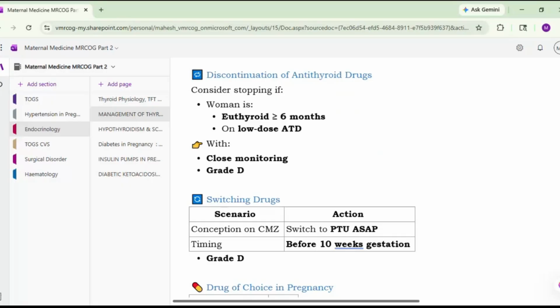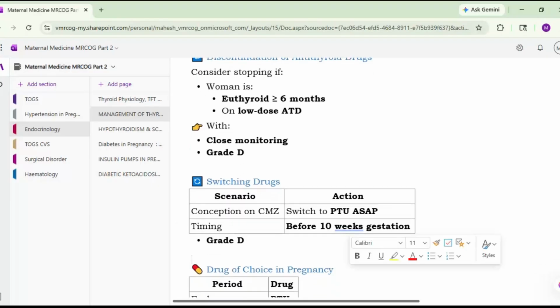Okay, but monitor closely. Otherwise, what you are going to do? If she is not fitting these criteria, that euthyroid for more than 6 months and low dose of antithyroid, then she will require the antithyroid drug. But if she has conceived on carbimazole, then we will switch to propylthiouracil as early as possible and before 10 weeks of gestation. So you check the medicine which she is taking, check the dose which she is taking.